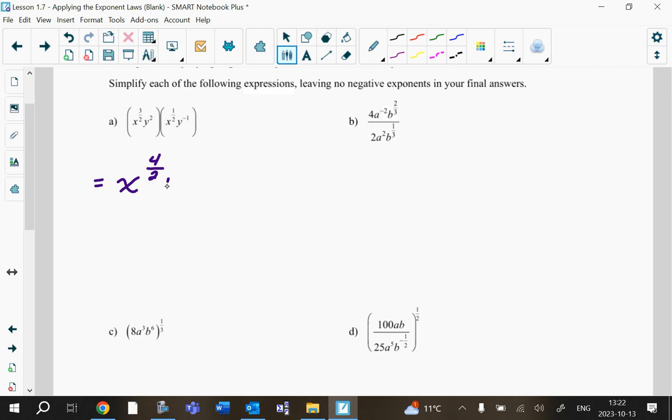Then we multiply the y's together. 2 plus negative 1 is 1. Now that's not the simplest way we can say 4 over 2. Just plain old 2, and we don't have to write the 1 with the y. No negative exponents that we have to change, so we're done.